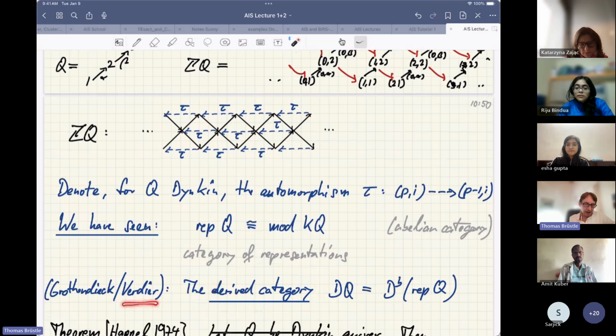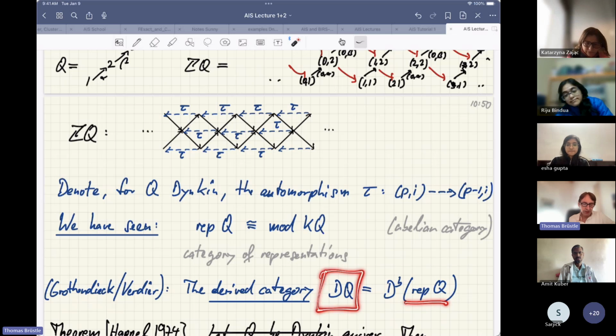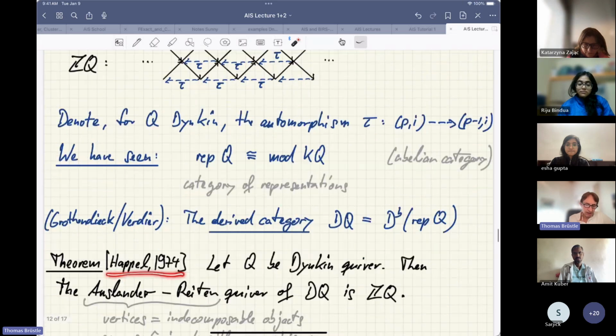This has been done by Verdier, who was a student of Grothendieck, like Gabriel. And this derived category, the bounded derived category of the category of representations of Q, I will denote by D^b(Q) here. And in our situation, there is a result by Happel, 1974. Happel really introduced derived categories to representation theory.